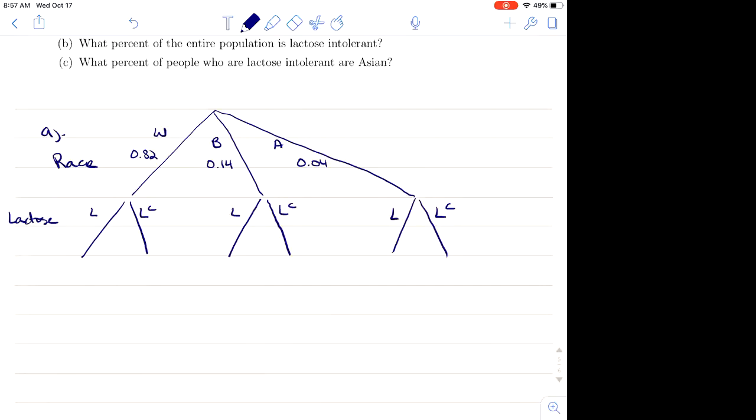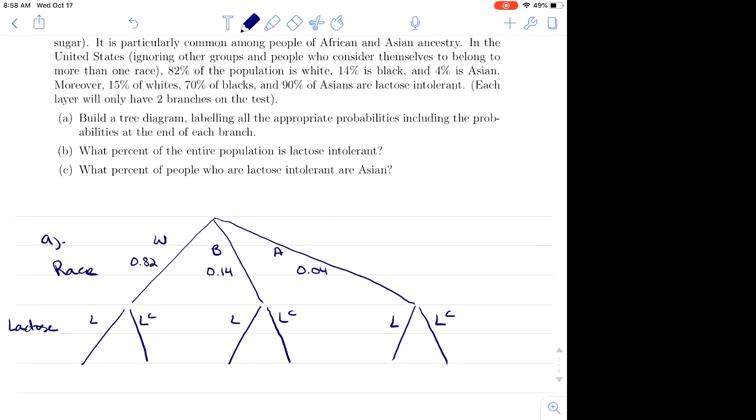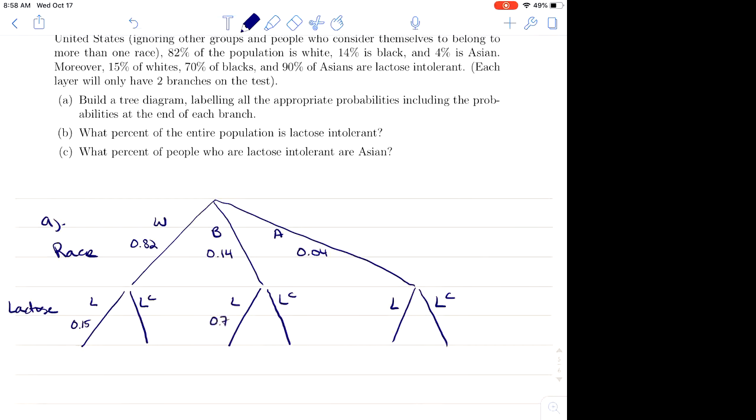Okay. What's extra hard about these, right, is that the probability of L is not the same for each of these branches, right? It changes depending on which branch we're at. So the probability of L for whites is 0.15. The probability of L for blacks is 0.70 and 0.90 for Asians.